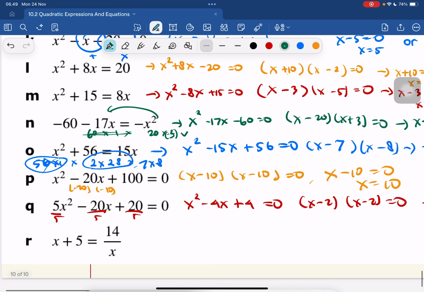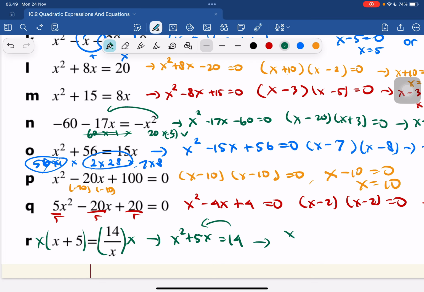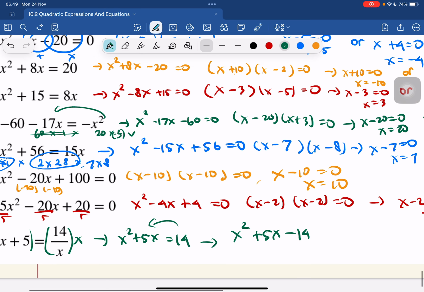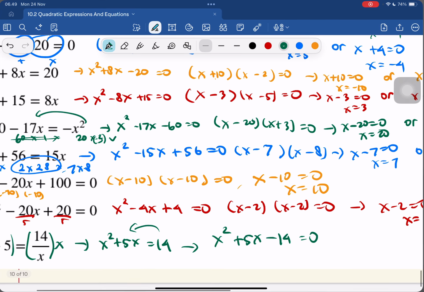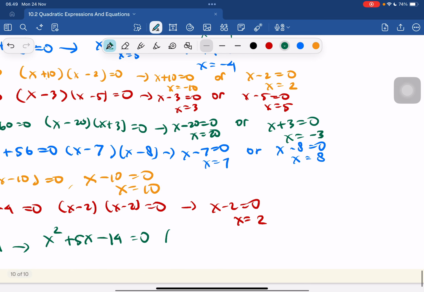This question, let us make this x disappear. So both sides we multiply by x. It's going to be x squared plus 5x equal to 14. Here we move it to the left side. So x squared plus 5x minus 14 equal to 0. From minus 14, it's going to be x with x again.